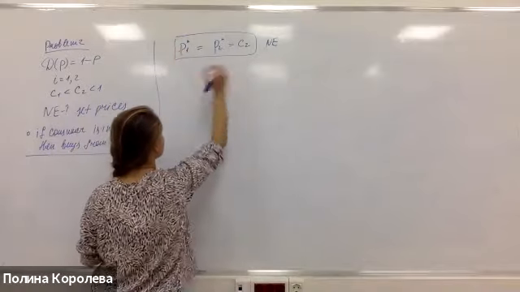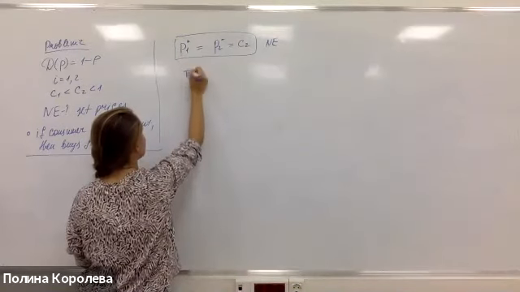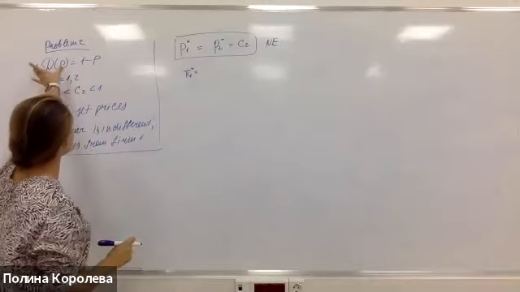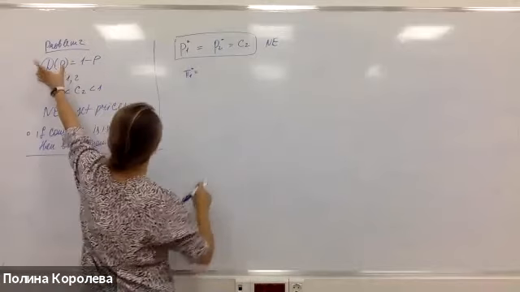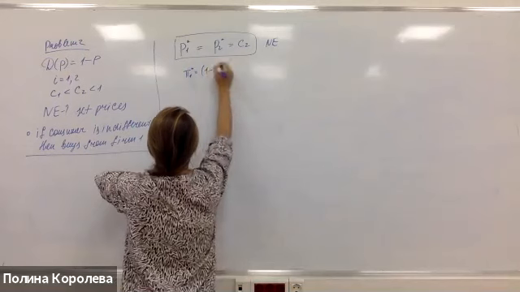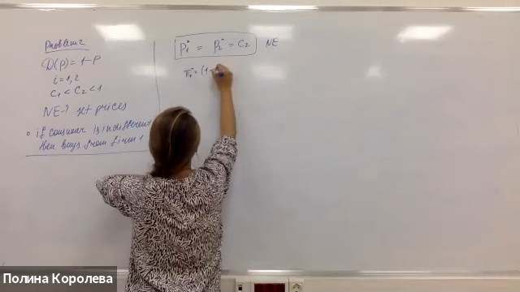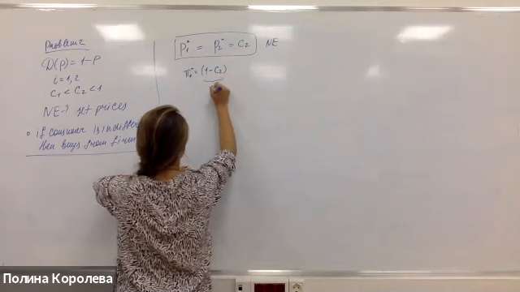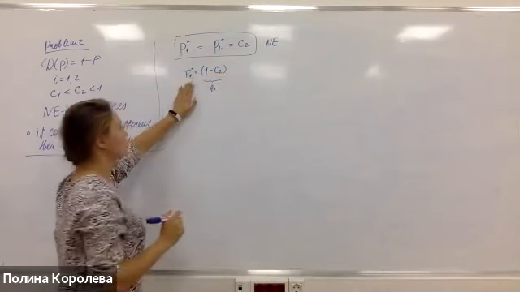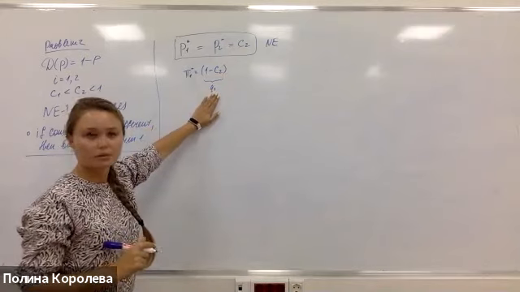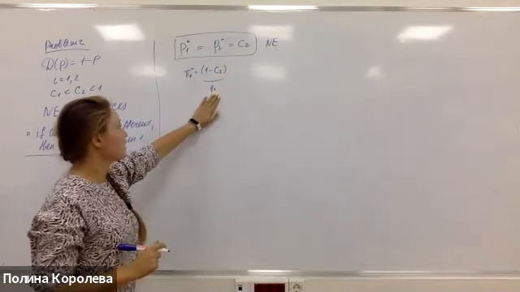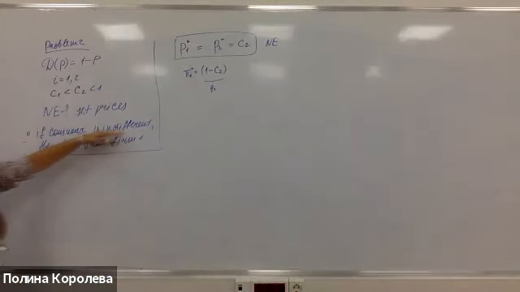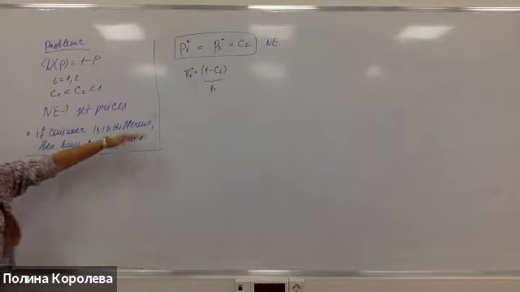For such prices, what will be the profit for the first firm? Quantity: 1 minus price, 1 minus C2. This is the quantity sold by the first firm. Why? All demand is taken by the first firm, because if the consumer is indifferent, she buys from firm 1.